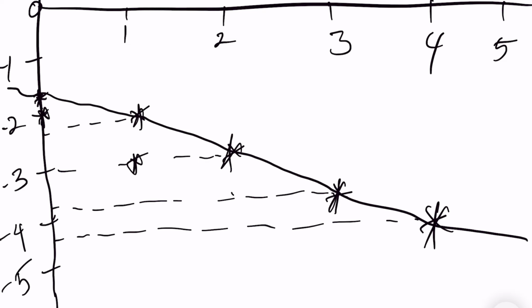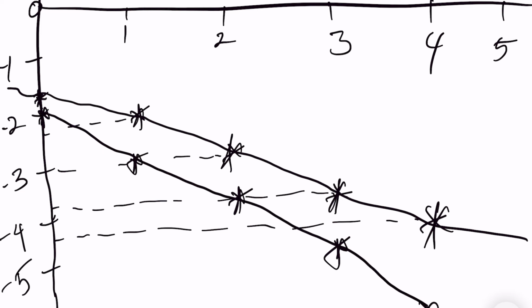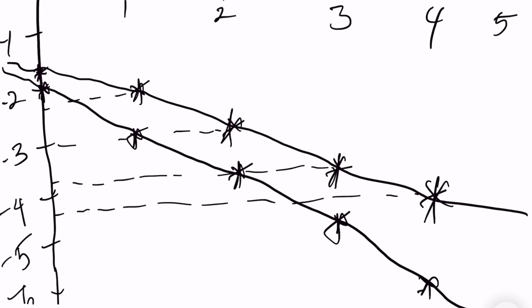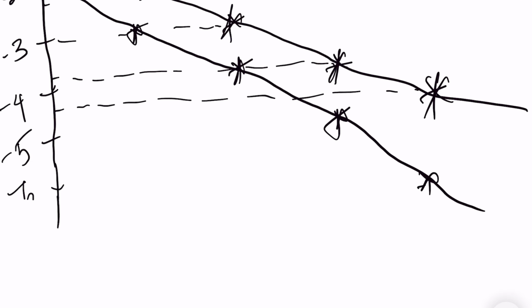At 2 is minus 4. At 3 is minus 5. And at 4 is minus 6. So we have the graph for this. So we've gotten our graph for the second equation, for the second simultaneous equation.